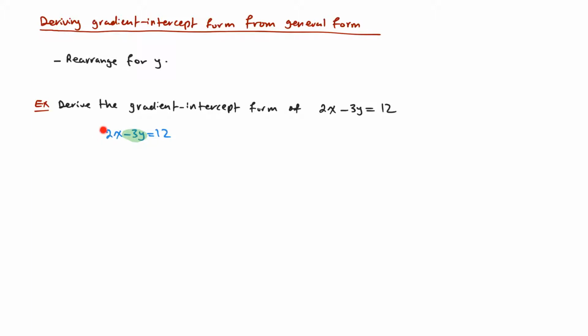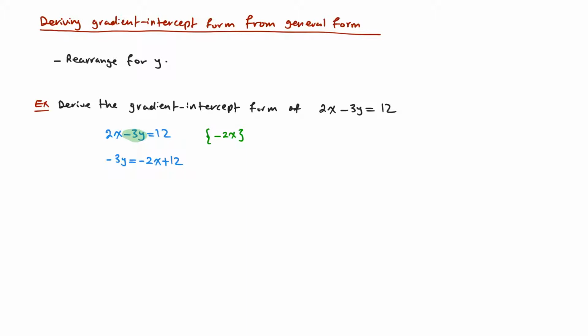It's being added to 2x at the moment, so we need to get rid of that. And we do this, I'll write my steps in a different color. I will subtract 2x from both sides, and I will get negative 3y is equal to 12 minus 2x, or simply negative 2x plus 12. There's no difference between how you write them.